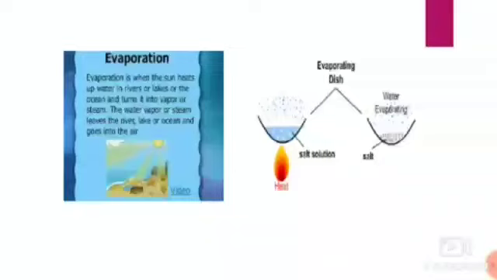When the water evaporates, what will be left behind? You will be left with all the salt content of the solution. All the salt content will be collected in the bottom of the beaker, while the water will evaporate into the environment. So this is a process wherein you can collect the salt from the solution.